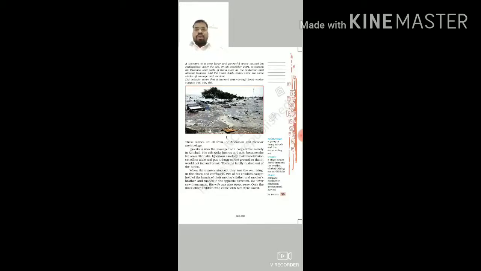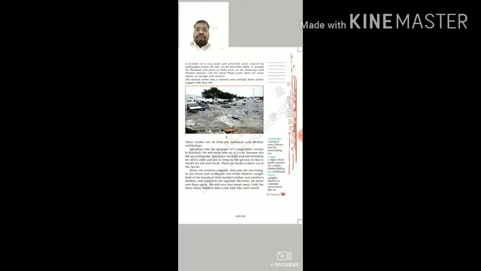A tsunami is a very large and powerful wave caused by an earthquake under the sea. I repeat the sentence: tsunami is caused by an earthquake under the sea. That's why they are called tidal waves.